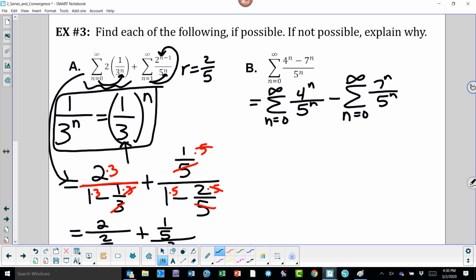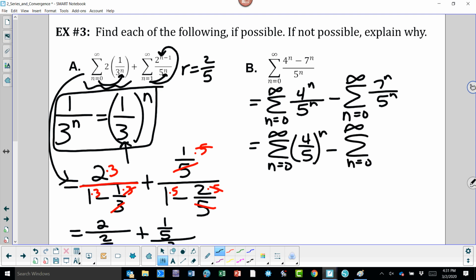I need to split that just like anything else. You can split that because it's a single term on the bottom and you have subtraction on the top. So if I want to think of it as geometric, it's the sum of 4/5 to the n minus the sum, n equals 0 to infinity, of 7/5 to the n.